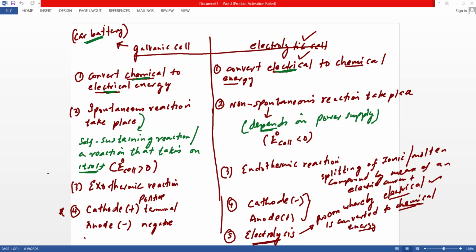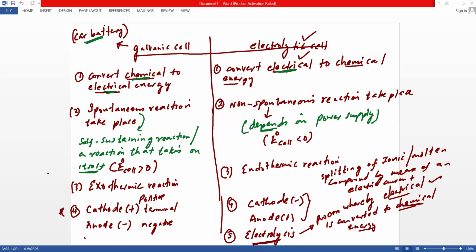So it's very important to be able to differentiate between a galvanic and an electrolytic cell, checking which one has a spontaneous reaction, which has a non-spontaneous reaction, and which one has a positive terminal as the cathode.